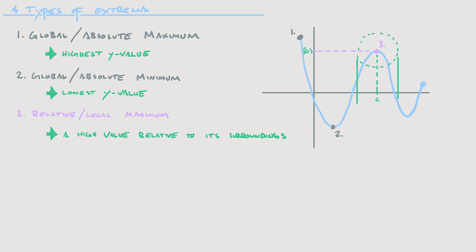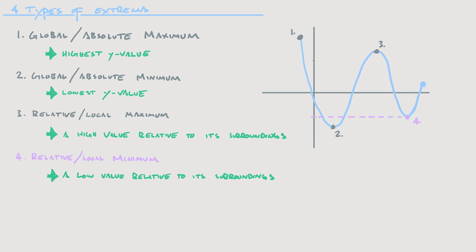So I usually envision like a bubble of arbitrary size, and there exists a c value inside that bubble that produces an f of c value that's higher than any other f of x value that you could produce with x values that are near c. Okay, so none of these other x values are going to give you an f of x value that's bigger than our f of c. Right? They're all going to be smaller than it. So inside its vicinity, it's the highest y value.